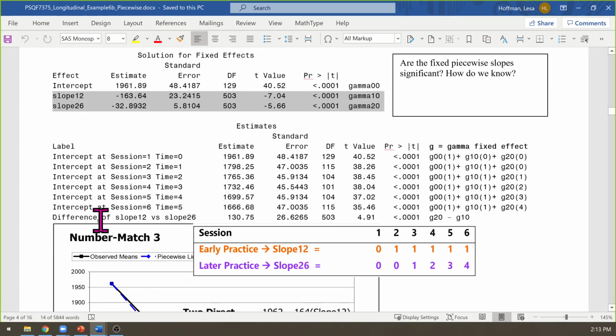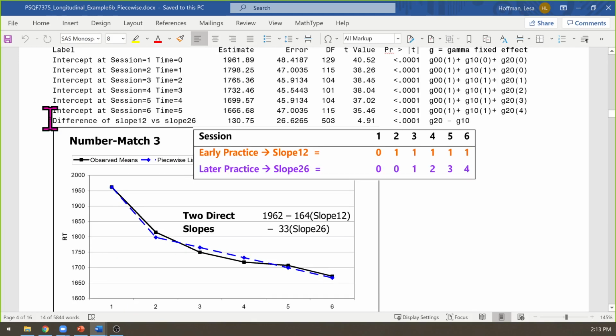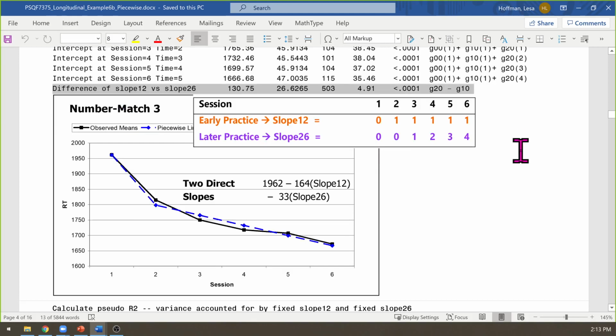And one more piece of information that is useful to know is whether or not we have a difference in the slopes. So I tested via an estimate statement to what extent the slope at sessions 2 to 6 was different than the slope from 1 to 2. And the difference in those slopes is a coefficient of 130, meaning that the second slope is less negative by 130 milliseconds a session. And that is significant.